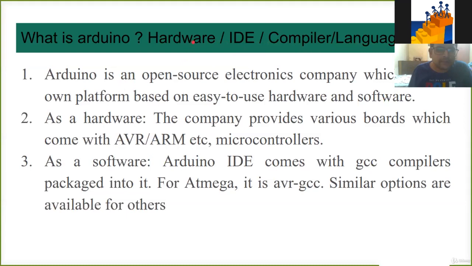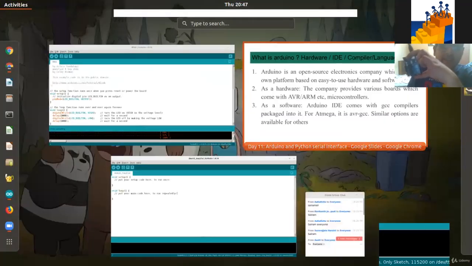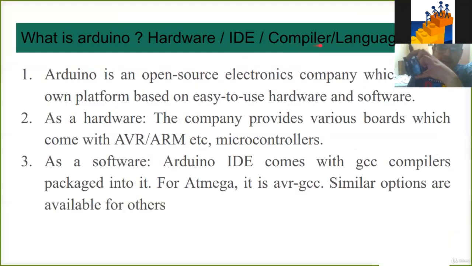But the only thing is, when we are referring to a board like this, it is called the Arduino hardware. When we are developing on this software, it is called the Arduino IDE. When we are compiling our source code, it's called the Arduino compiler.